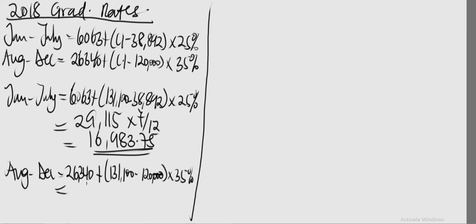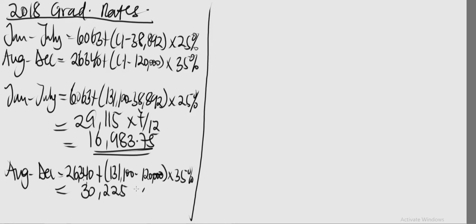That gives us how much? 26,340 plus 131,100 minus 120,000, all at 35%. So that gives us 30,225.